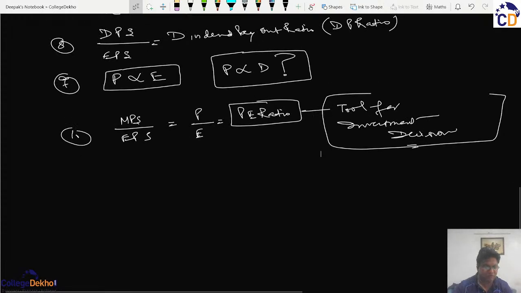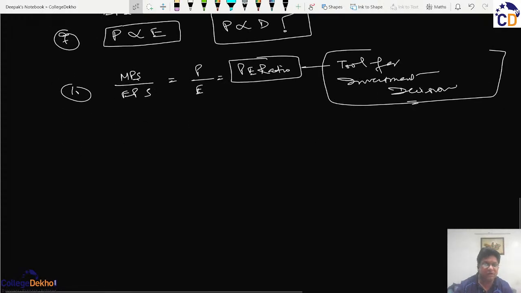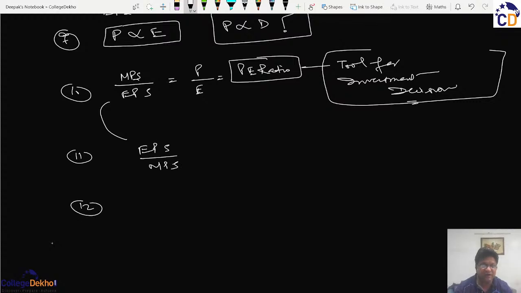And therefore, in the end, we relate the earnings, the dividend and the market price. So if we reverse this, that is, we make EPS upon MPS, this will actually be 1 upon the price earning ratio, and we use the word earnings yield.